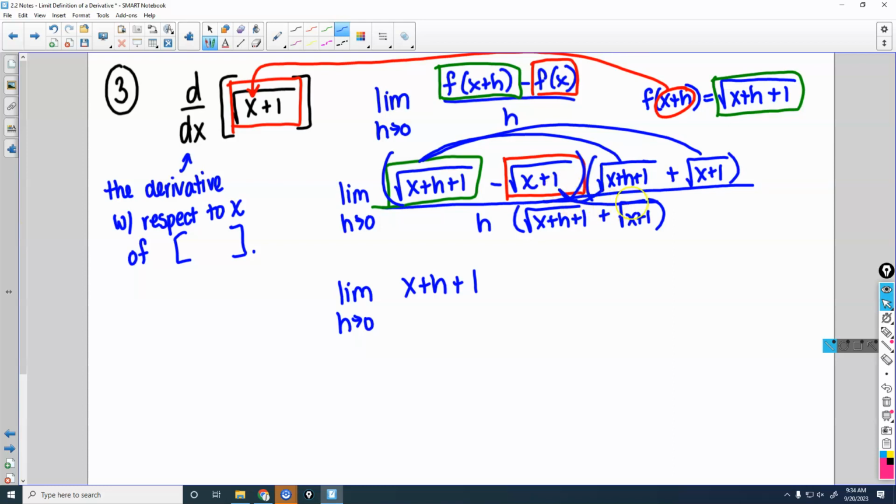Then we multiply the square root of x plus 1 times the square root of x plus 1, which gives x plus 1, but make sure you have parentheses around it, because that negative goes with both of those. On the bottom, we've got h times all of this mess right here. Don't try to multiply that together because you want something to cancel. You would just have to factor it back out if you multiplied it together.